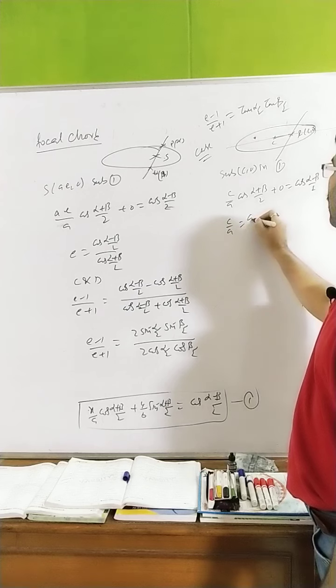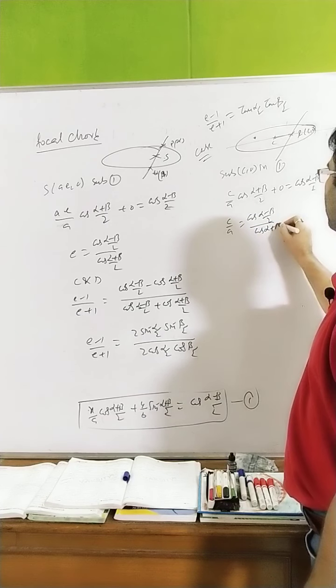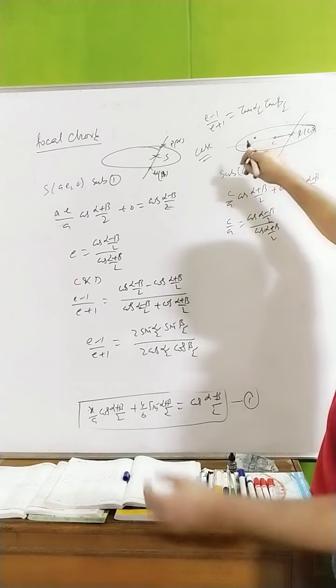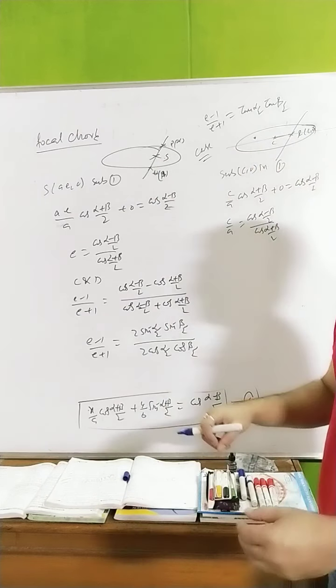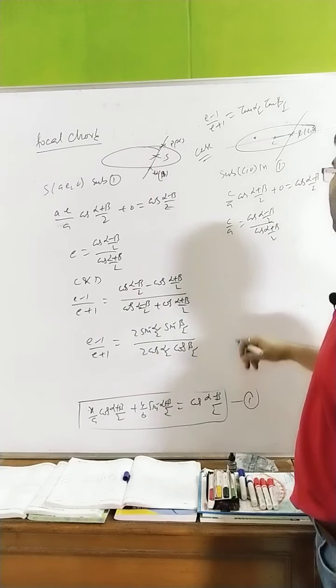So c by a is cos((alpha minus beta)/2) by cos((alpha plus beta)/2). This is not a focal chord, but it passes through some point c units away from the center.